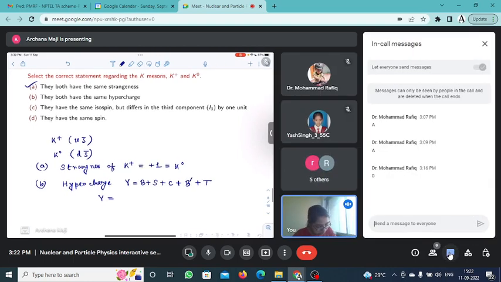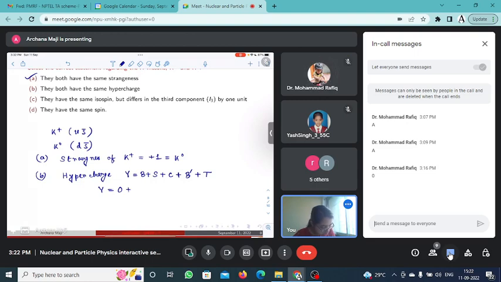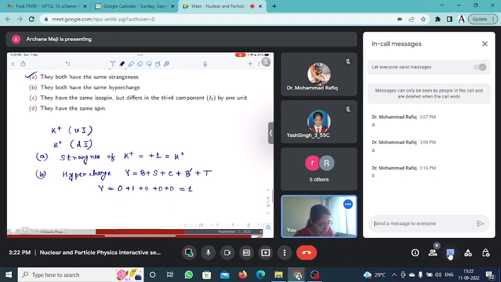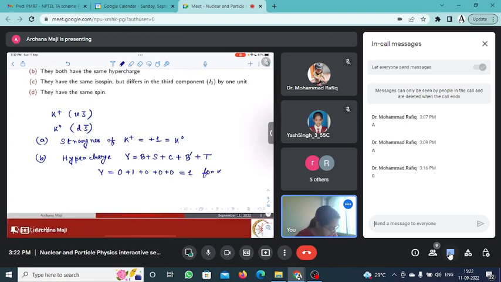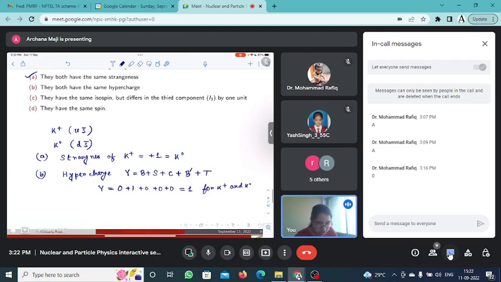Yeah, so baryon number is 0. And strangeness is plus 1 and all others are 0. So hypercharge for K plus as well as for K0 will be plus 1. So B option is also correct.